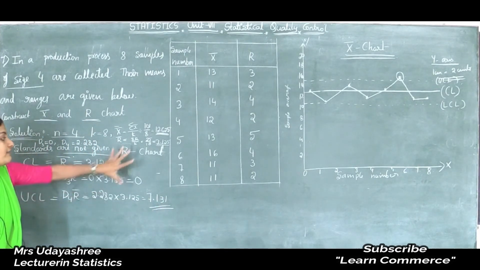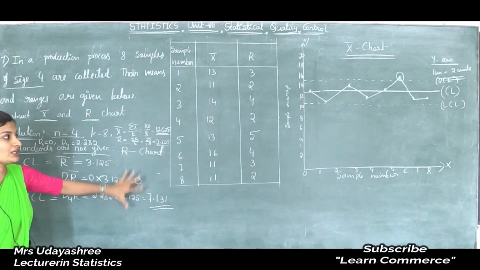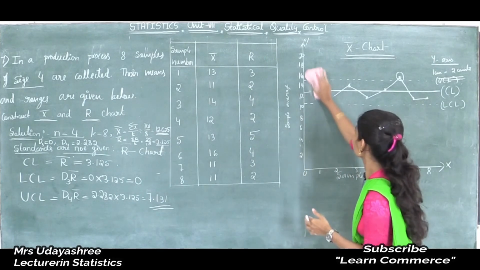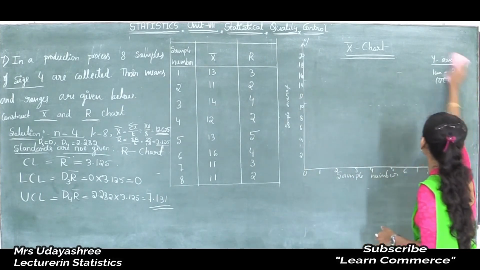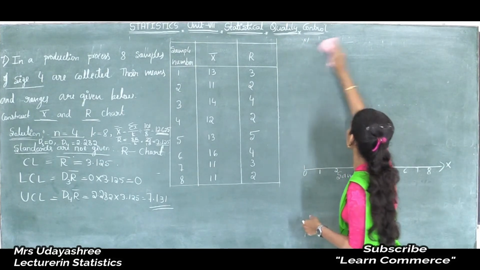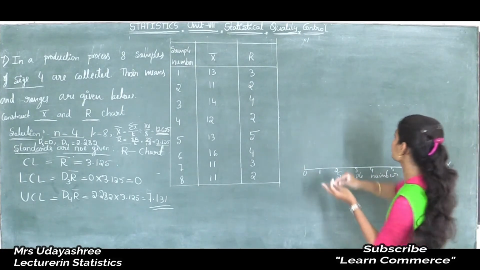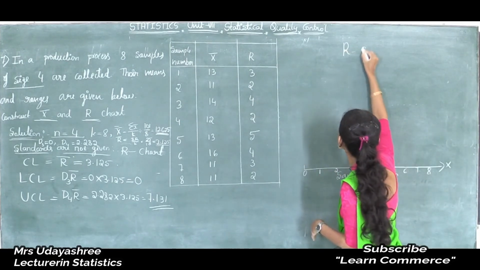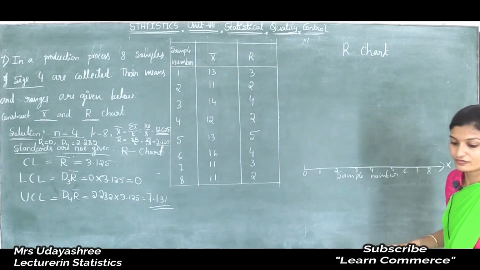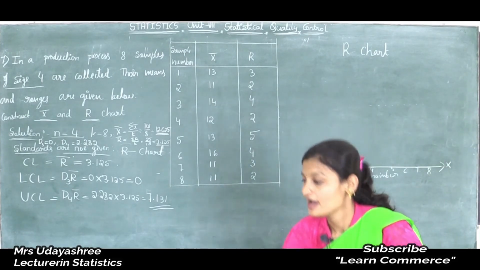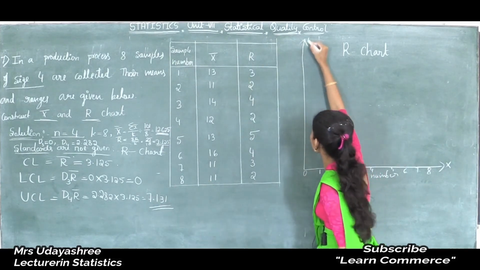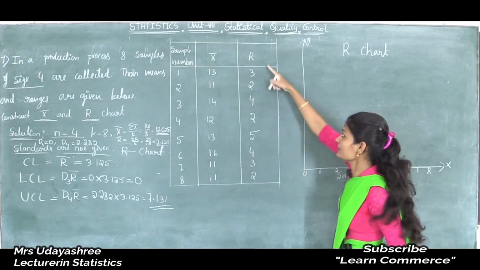Okay, now I will plot these control limits on the graph like this. Okay, this is the R chart. And here the x-axis is along with sample numbers, and the y-axis is along with ranges.